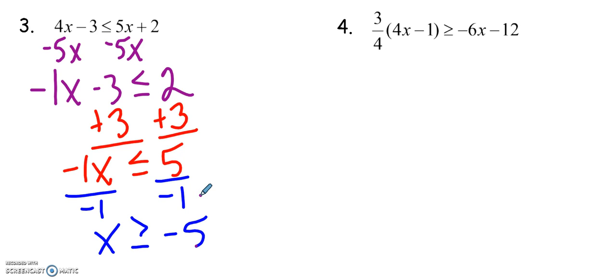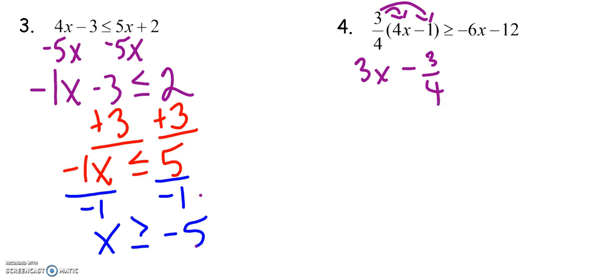For our last one, we have to get rid of these parentheses first, so we are going to distribute. 3/4 times 4x makes 3x, and 3/4 times -1 makes -3/4. We have a fraction in there, and that's okay.